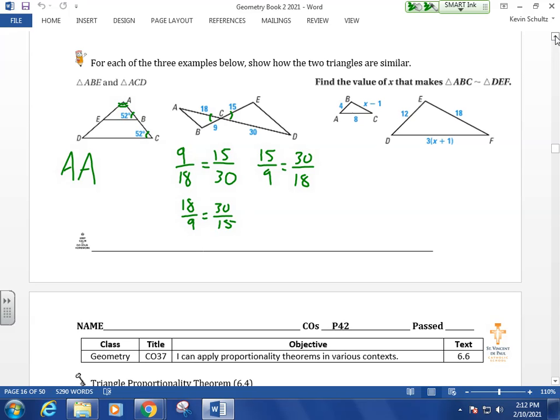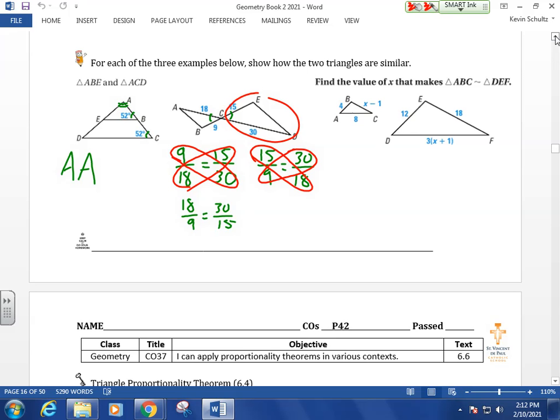9/15 equals 18/30. And what do all of these have in common? The position of that 9 and 30, if we were to use cross products, right? We'd be multiplying those together, and the position of the 18 and 15 here. Okay? The reason why it's not 18/15 equals 9/30 is because of the way these triangles are positioned. This one has been flipped over.